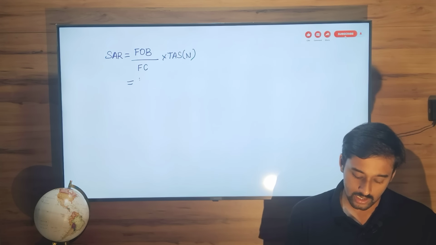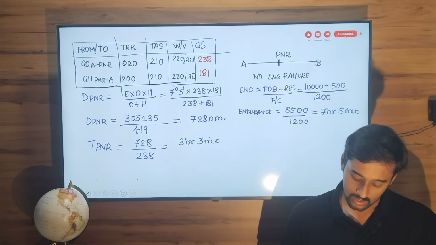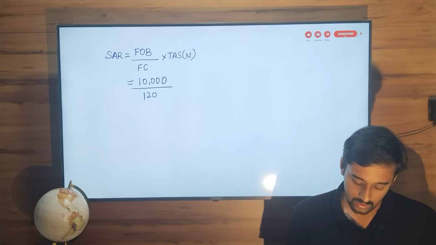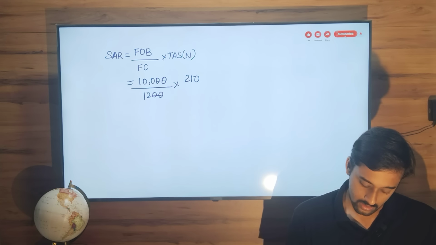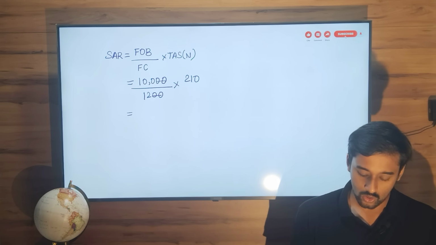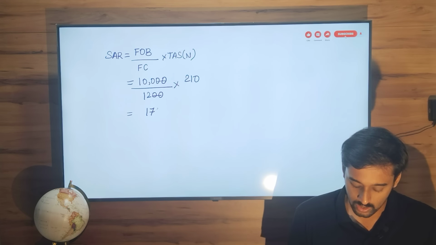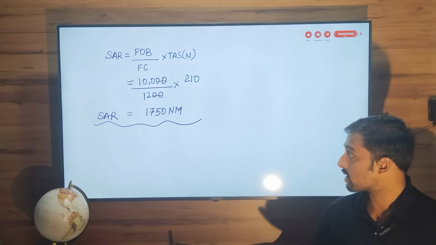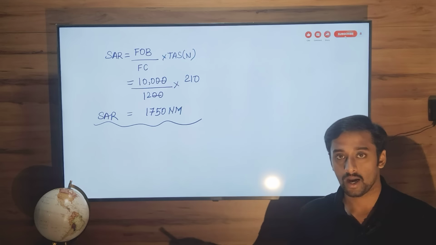So total fuel on board is 10,000, consumption is 1,200, normal TAS is 210. 210 into 100 divided by 12. So still air range is 1750 nautical miles.